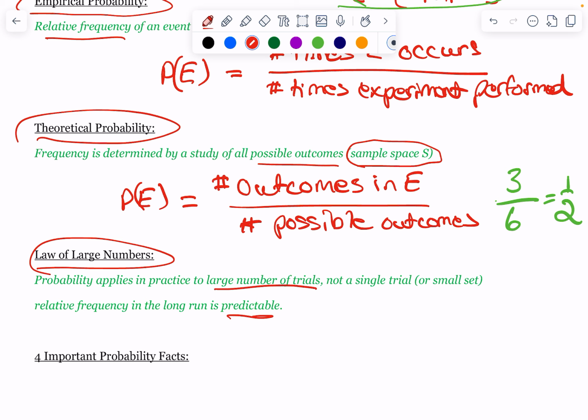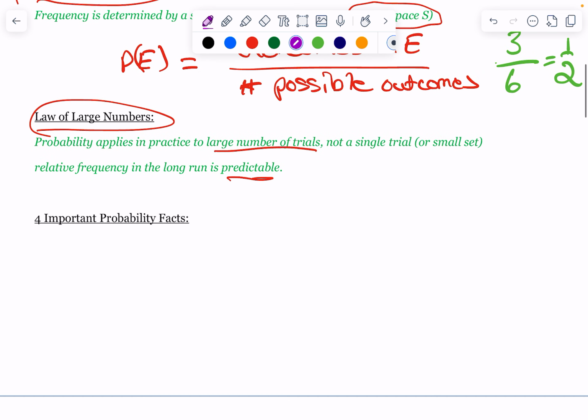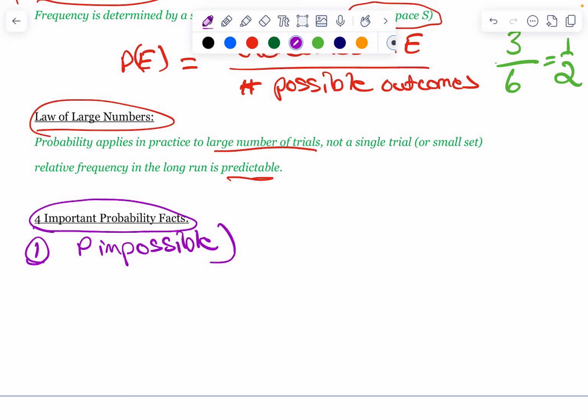Okay, next we're going to look at 4 important probability facts. Our first one is that the probability of an impossible event, one that cannot happen, is 0.